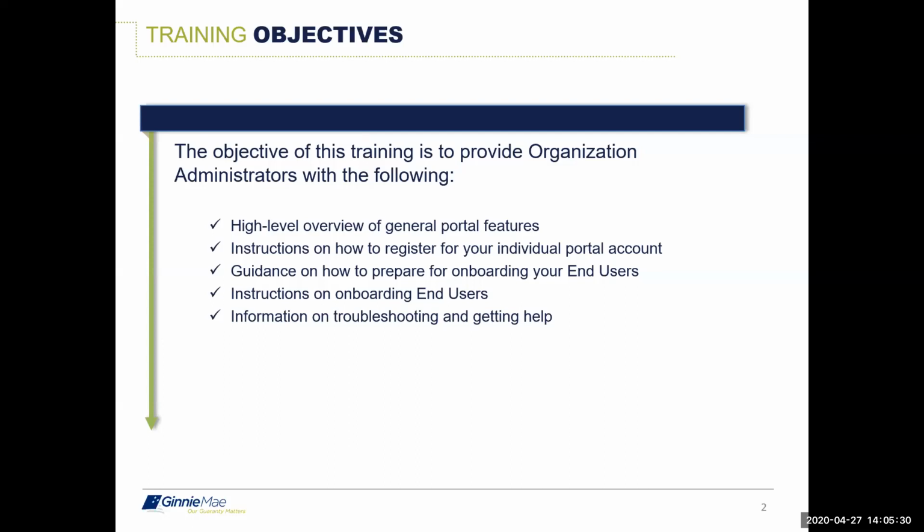And then we're going to talk to you about how you help your end users at your organization, the folks that need access to GMAP and GinnieNet and other modernized applications, how they get access to MyGinnieMae. So we'll give you some instructions and a demonstration on how to do that. And then, like I said, some troubleshooting tips on if you get into trouble as you're trying to onboard users or they're getting error messages, how you can avoid some of those problems and how you can get past them if you happen to encounter them.